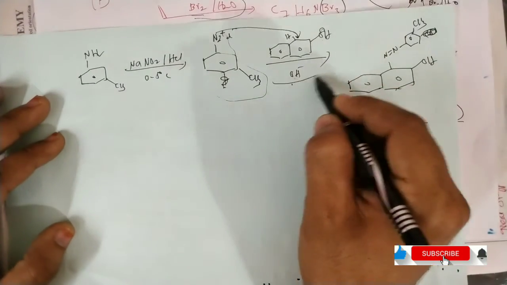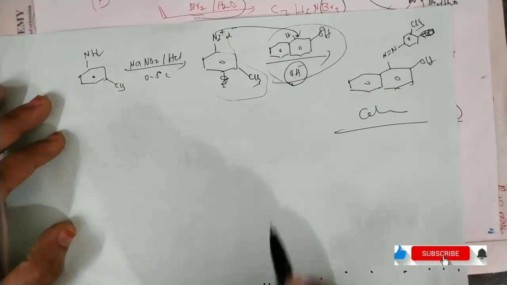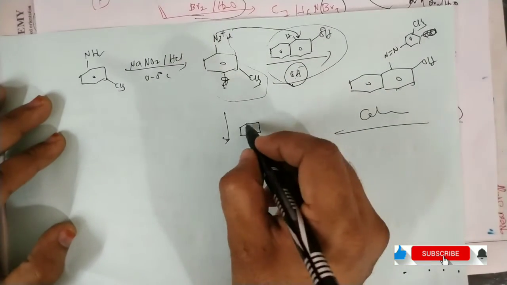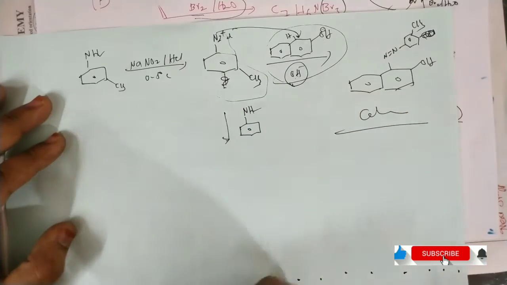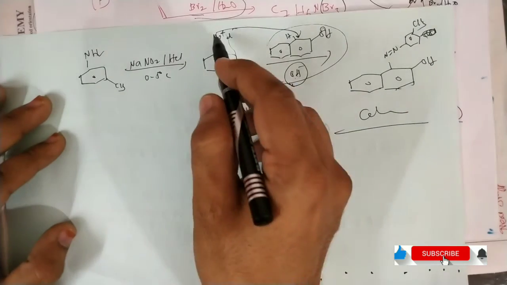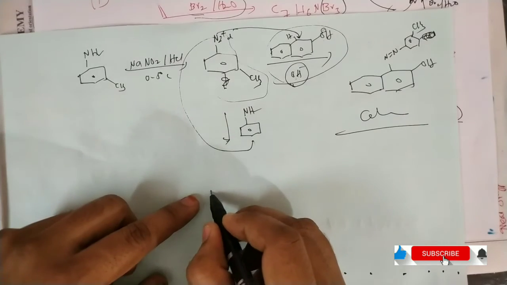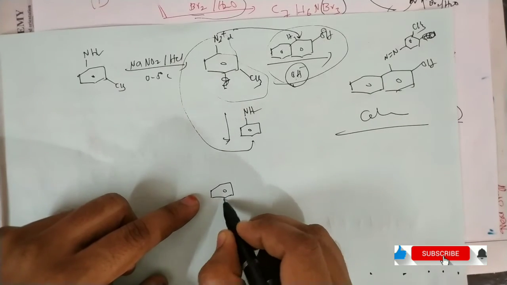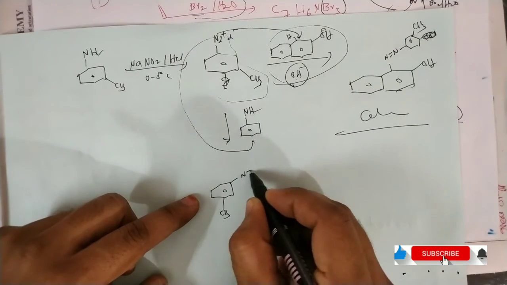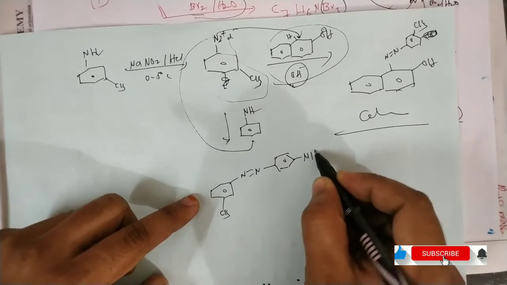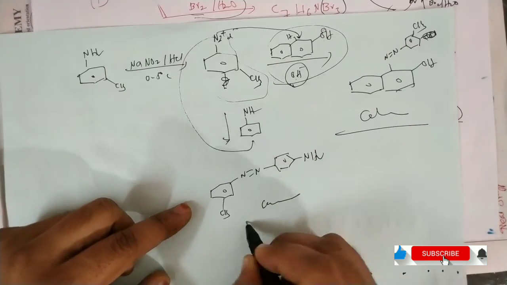Phenol coupling takes place in the presence of basic medium. For example, this one on reaction with aniline, this N2 plus attacks at the para position. So here the product is like this: meta position methyl, this is N double bond N, and this one NH2. This is also a colored compound.